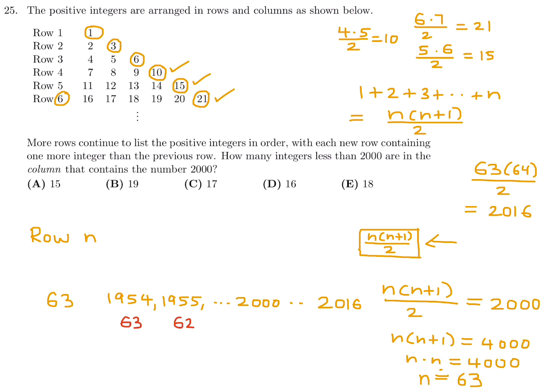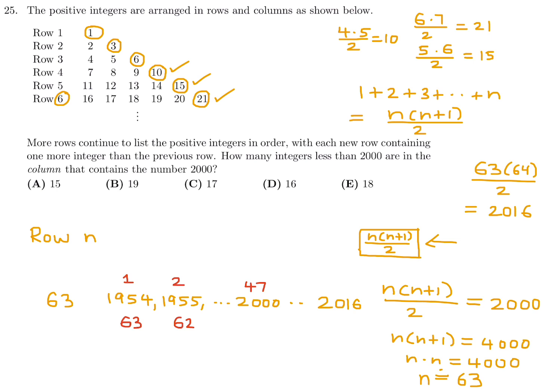So if I asked you how many numbers are in the column that contains the 2000, well, we have to first figure out where is the 2000 in terms of its placement. Well, this is obviously the first term. This is the second term. 2000, if you keep counting like that, it'll be the 47th term. Right? You can count it. It's pretty straightforward.